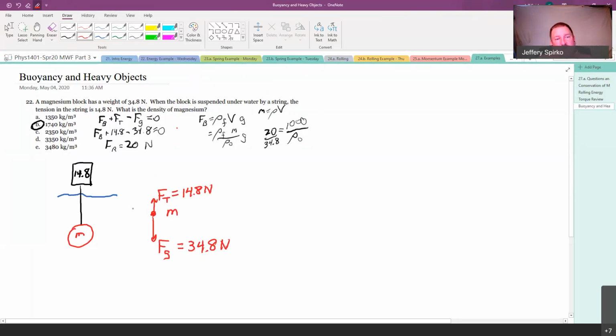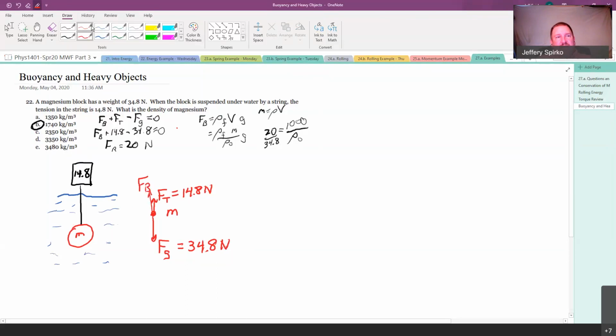And we also know that this thing is underwater, so there's water all around, and that water causes a force of buoyancy.